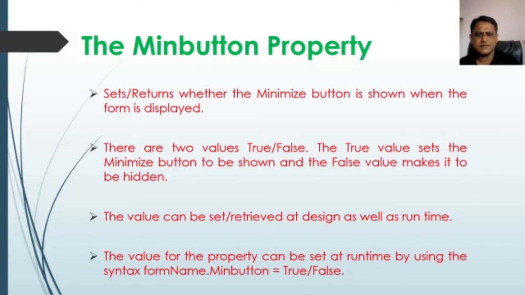Again, the value of this property can be set or retrieved in both design as well as at runtime. As usual, the property can be set at runtime by using the syntax form name dot min button equals true or false.